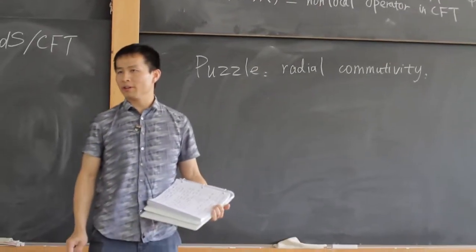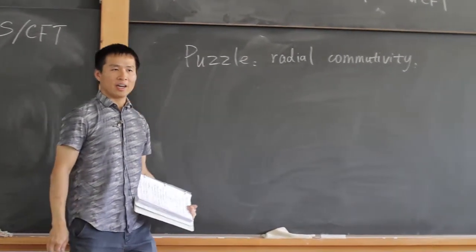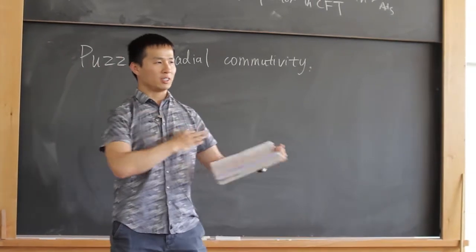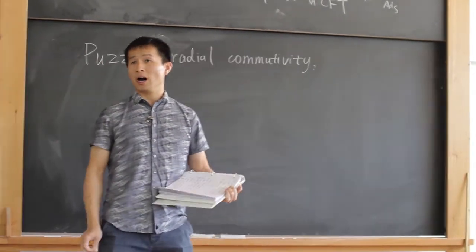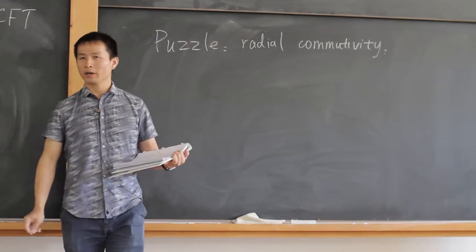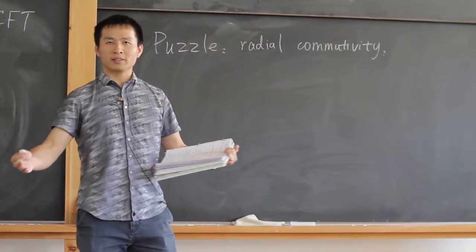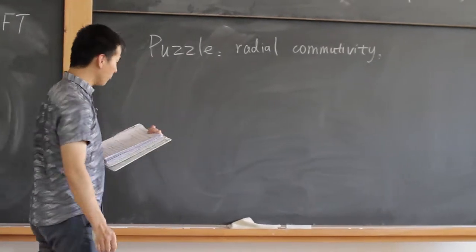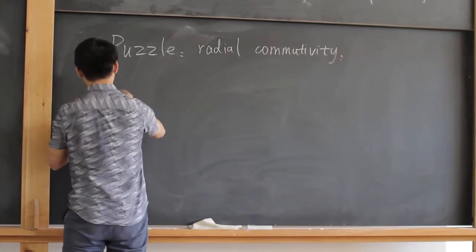In a normal quantum field theory, we have causality, and causality means we cannot instantaneously influence physics space-like separated from where we are. And causality is enforced by what we call locality.